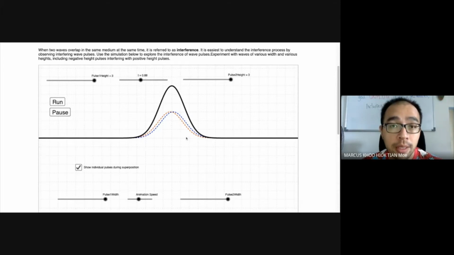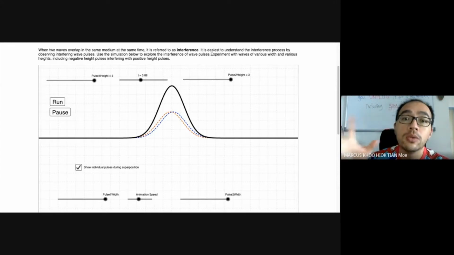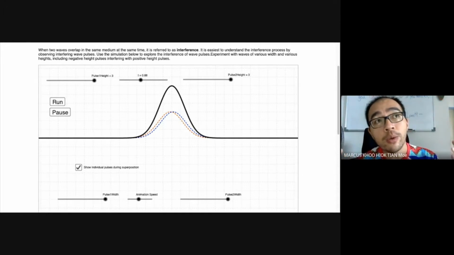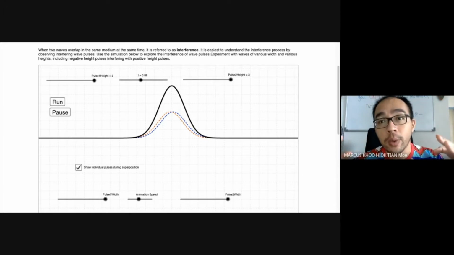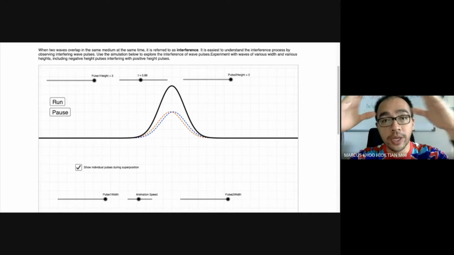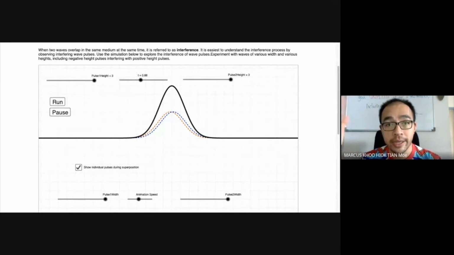That's what this one is. So x plus x equals 2x. It shows you that when the waves meet, they will add together, especially if they are in the same phase, which we will come to in a little while. So that's the answer for number 3.